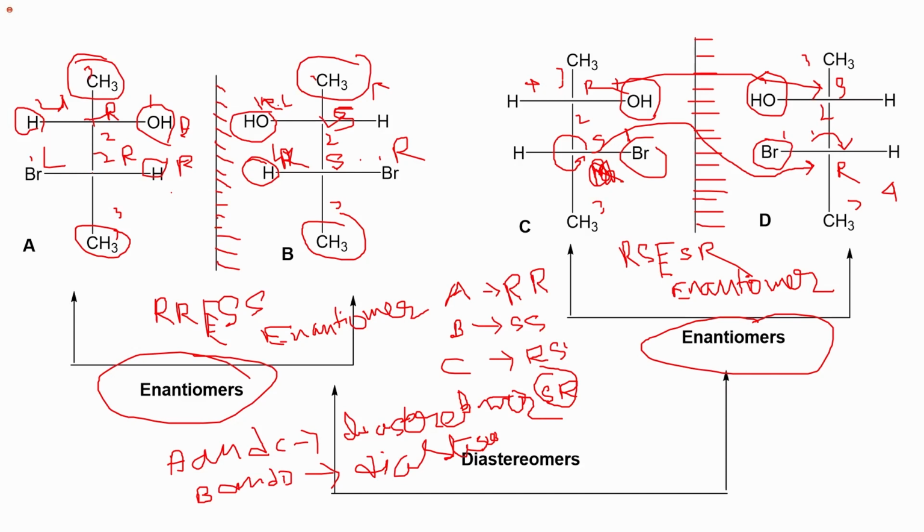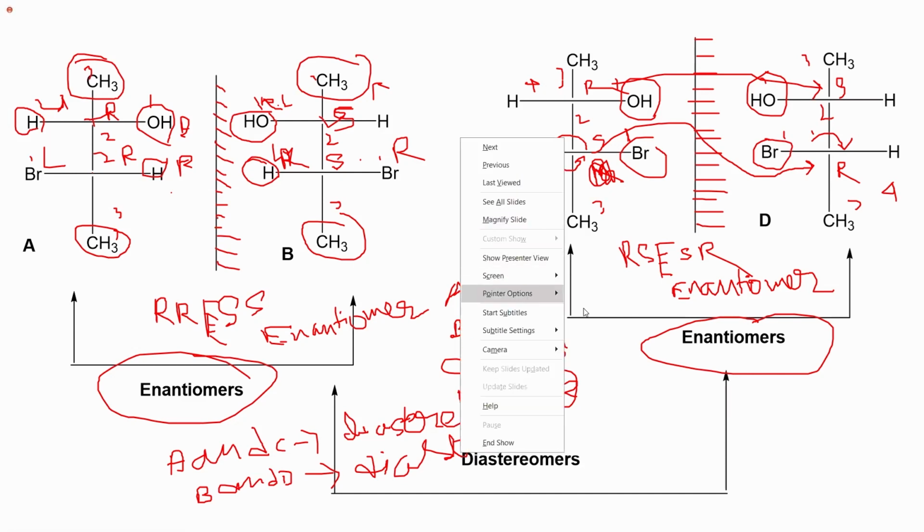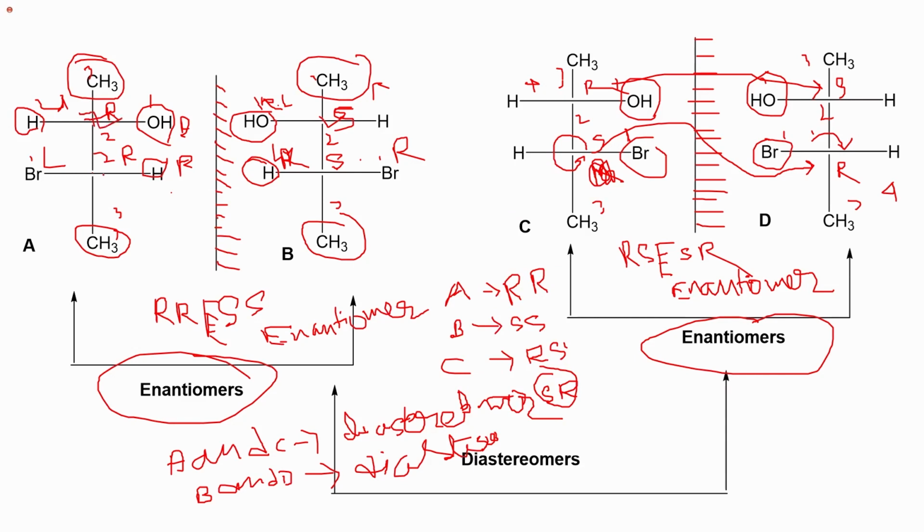How? Because if you can see above, where the OH is, this is an R center. This is also an R center. Now the moment you put a mirror to this molecule, you will get the opposite reflection of this molecule.